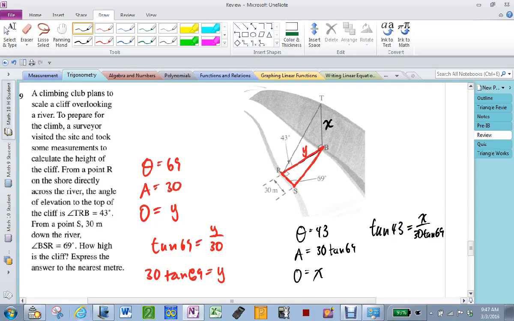Okay? Do you have to do it this way? Are you allowed to do it step by step? Of course you are. But bear in mind, the more times you transcribe from calculator to paper, the more chance you have to make an error. That's the only reason I do it this way.